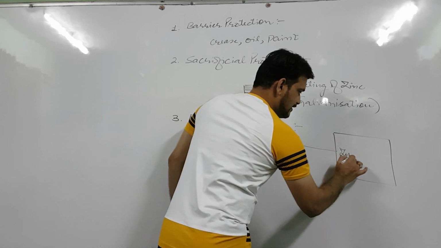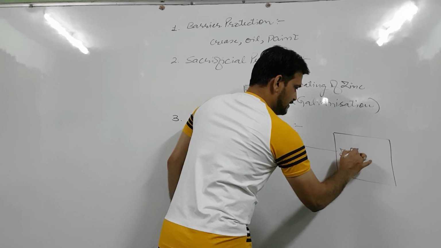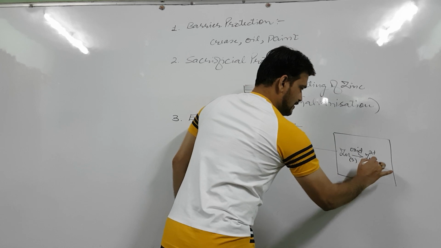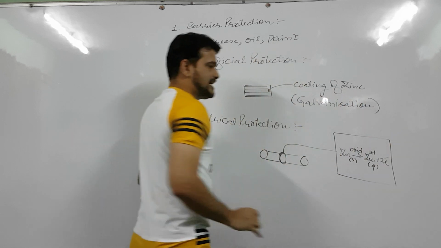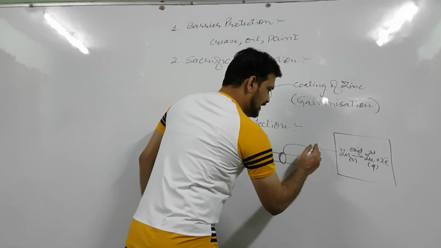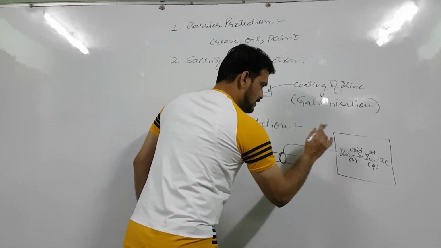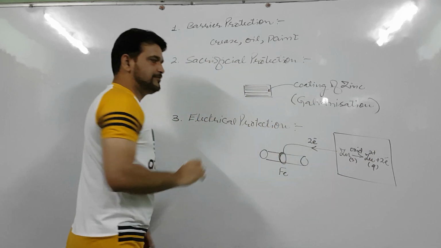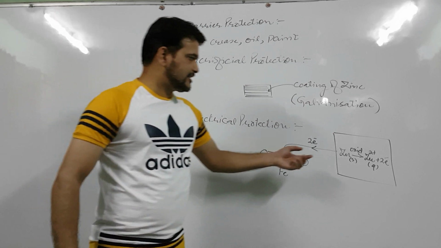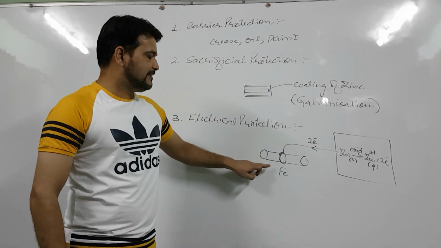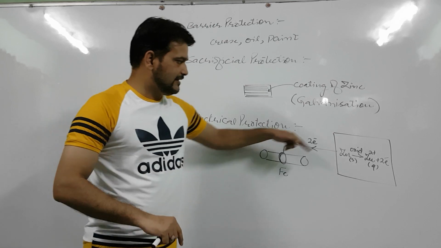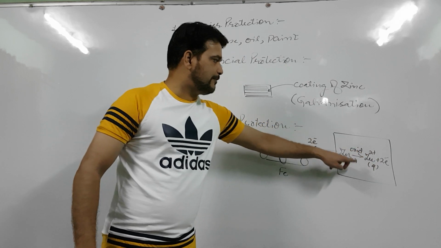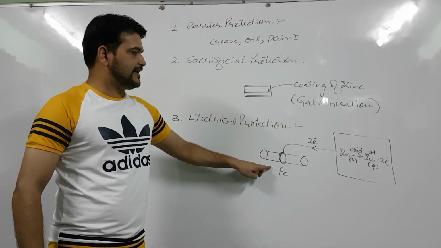Zinc will undergo oxidation and 2 electrons are ejected. These 2 electrons come from the zinc container to the iron pipes. Because the reduction potential of zinc is lower than the reduction potential of iron, zinc will lose electrons and those electrons will come from this container to the iron object.